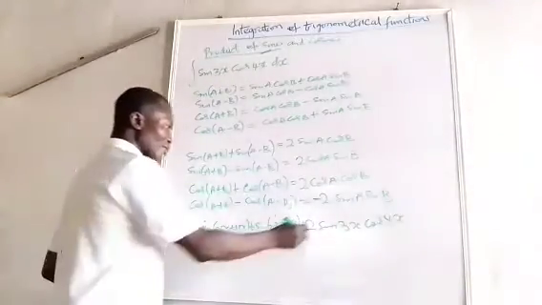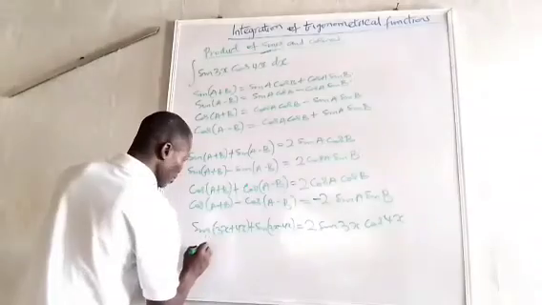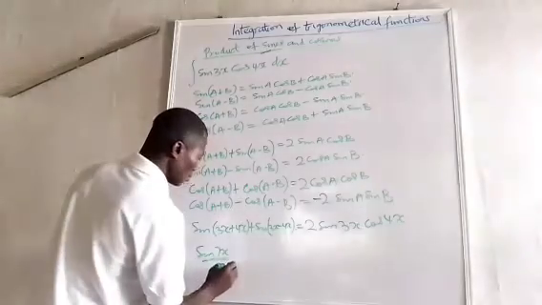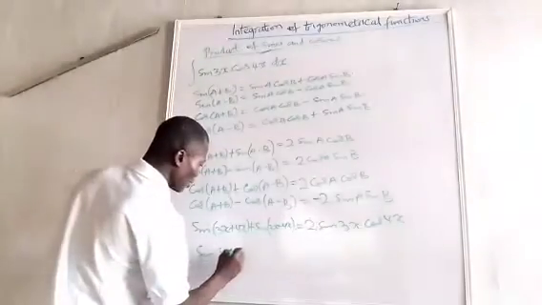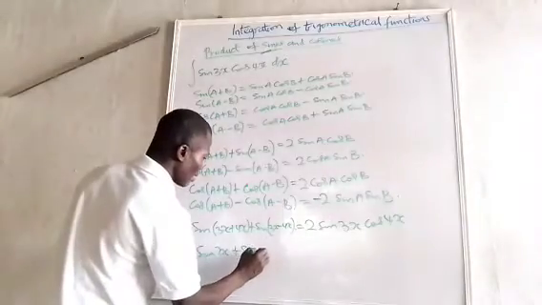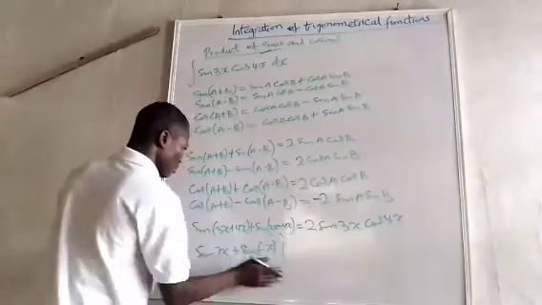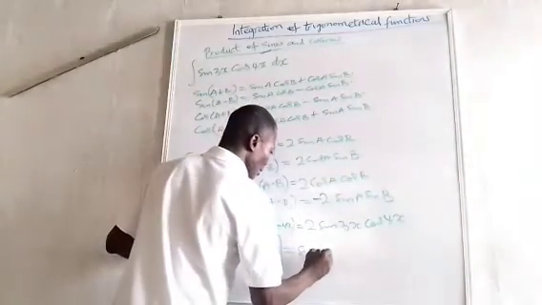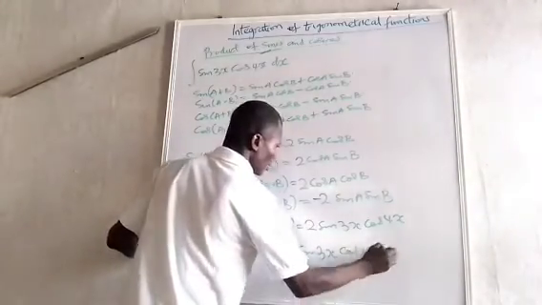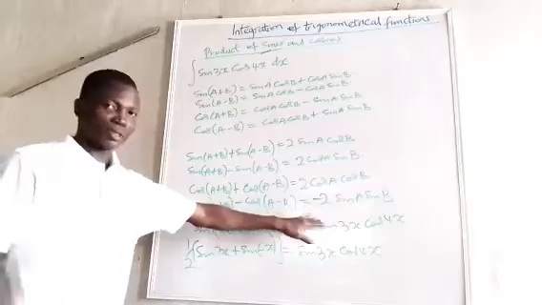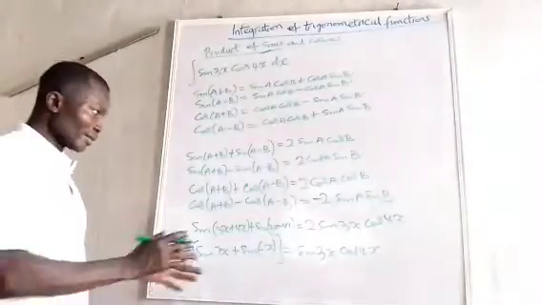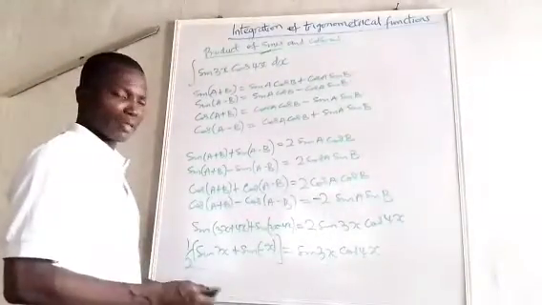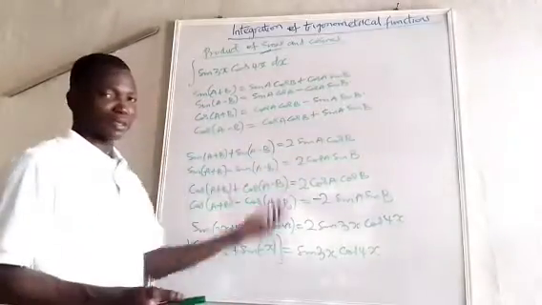So at the end of the day, this is going to give me sine 7x plus sine minus x. So I put half here. It's equal to sine 3x cos 4x. So if you can do your expansion and get to this, you can easily work it back straight. There's no need of special working forward again. You can bring this one here and it will give you this answer.